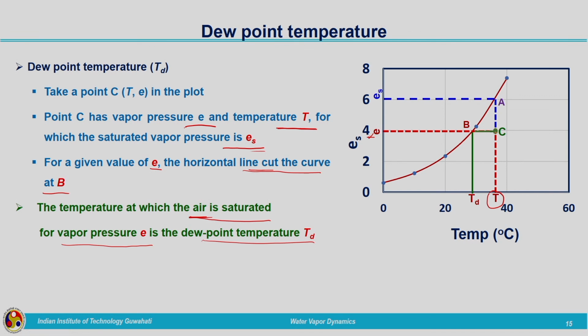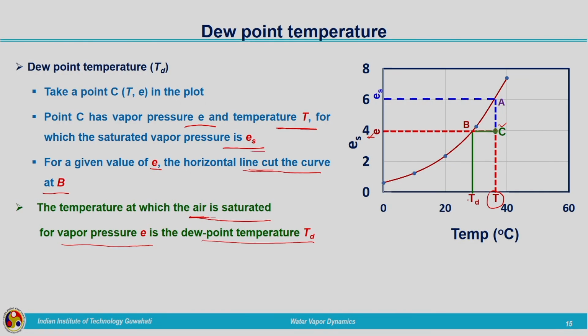We initially had a point C, with a temperature T and vapor pressure E. Air is not saturated at that particular temperature. What is the moisture present in the air corresponding to temperature T? That is the saturation vapor pressure corresponding to another temperature, which is marked here as the dew point temperature.